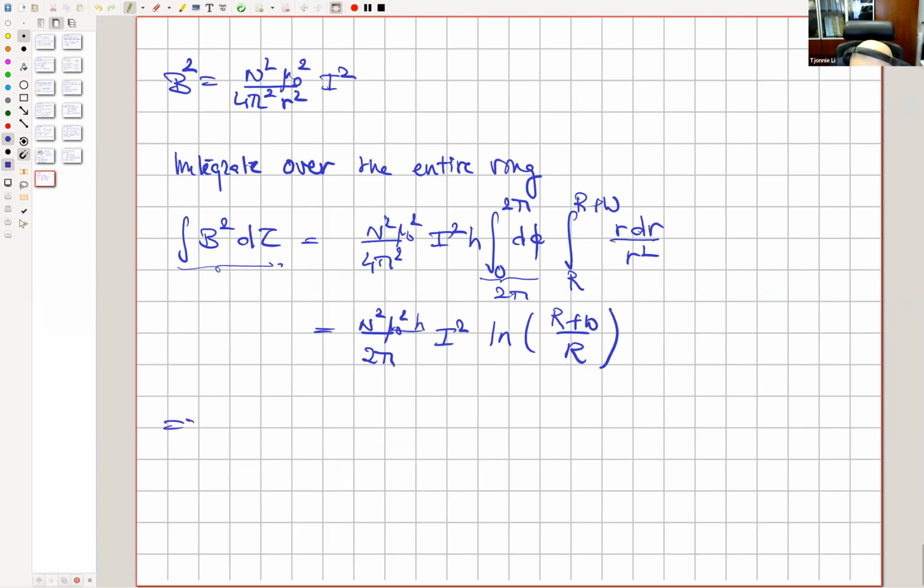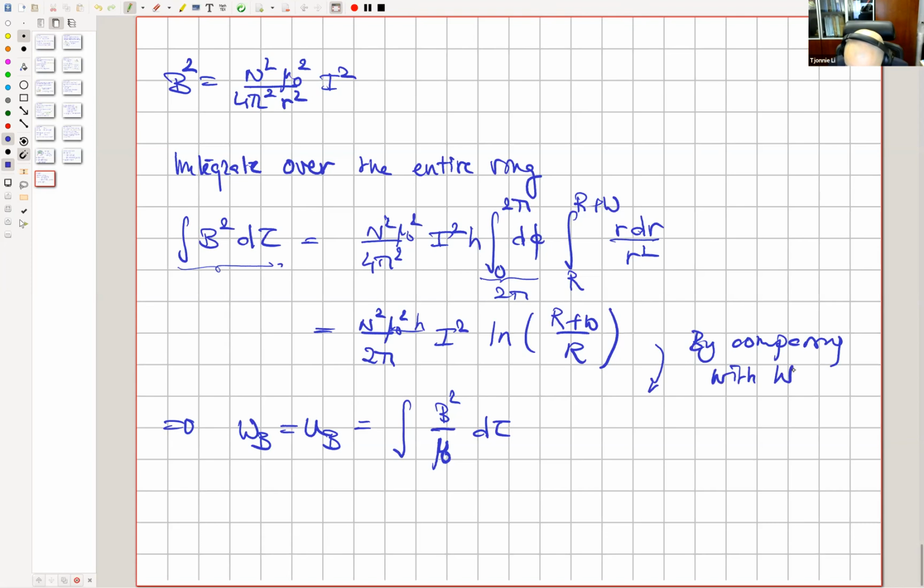So indeed, this WB, or actually we wrote this as UB, is just the integral of B squared over mu naught d tau, by comparing with W. So in such a way, oh wait, no, there's a factor of a half as well.